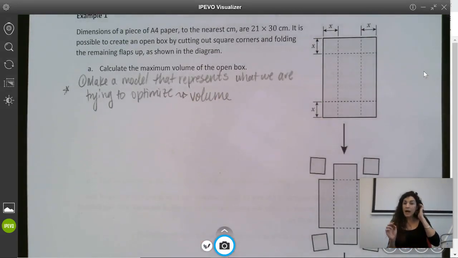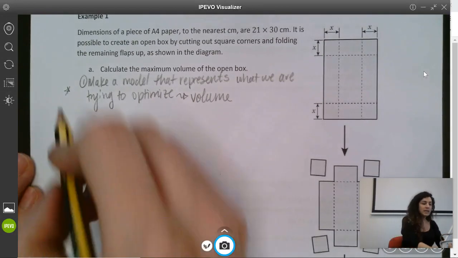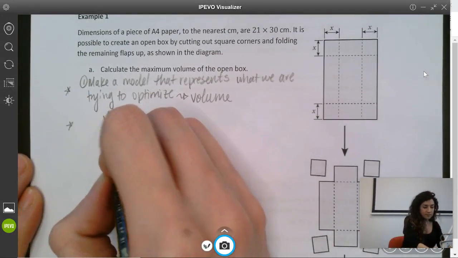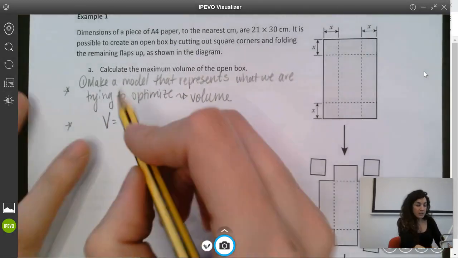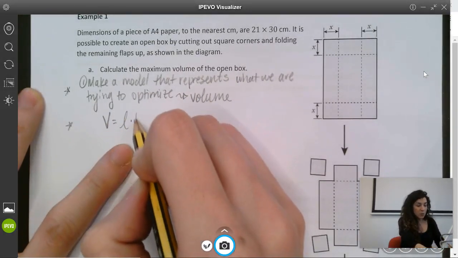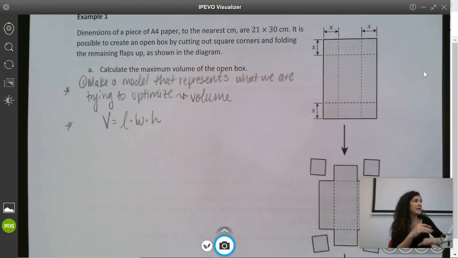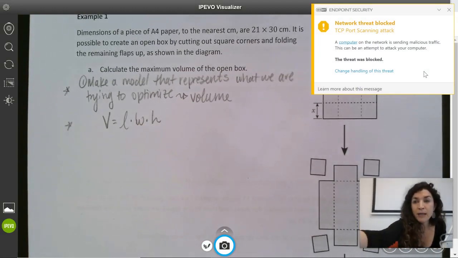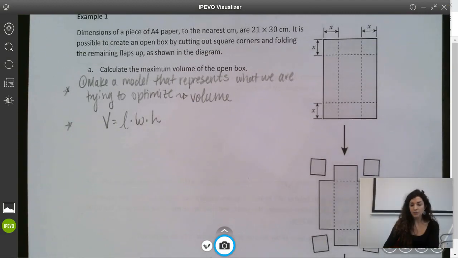Okay. So we have a generic formula that represents volume. Go ahead and tell me what that is. Volume equals length times width times height, or base times width times height, or the three dimensions all multiplied together. But that is our generic model.